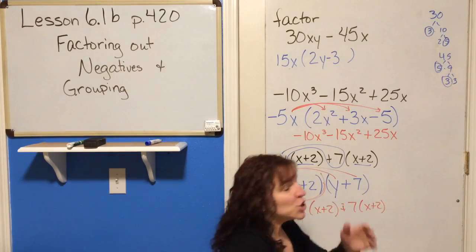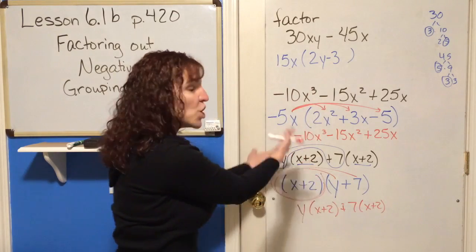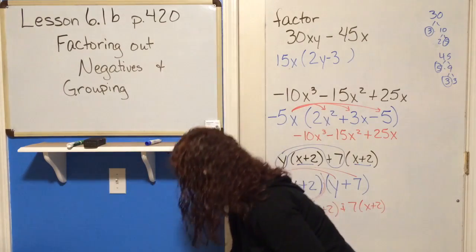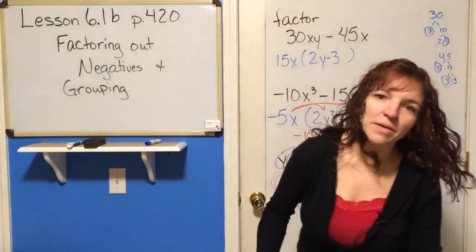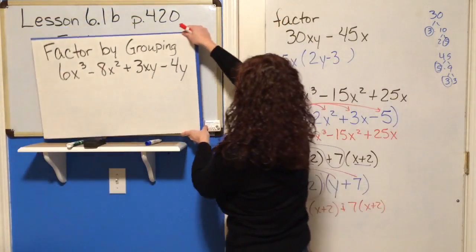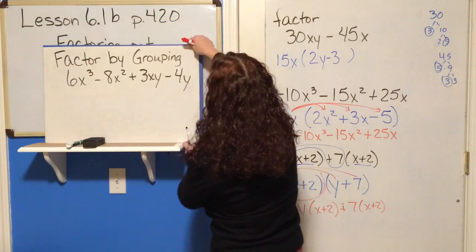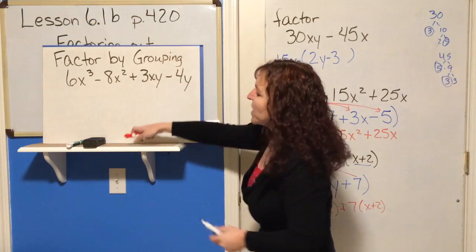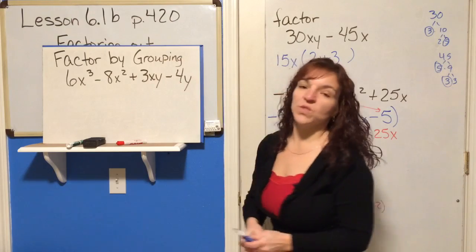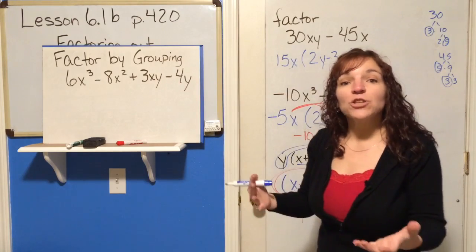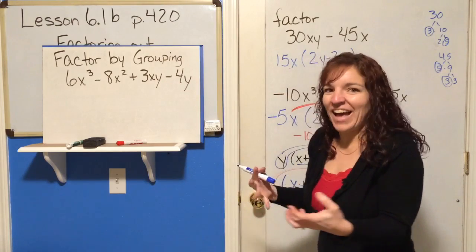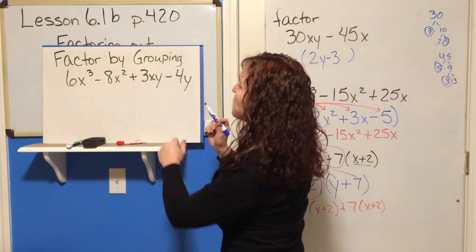Okay? All right. So now, the reason we need to understand and see that is, of course, I'm going to make it difficult. Always, always. All right. So now, if you have a list of 4 terms, sometimes you can factor those by grouping them. So here's what we're going to do.